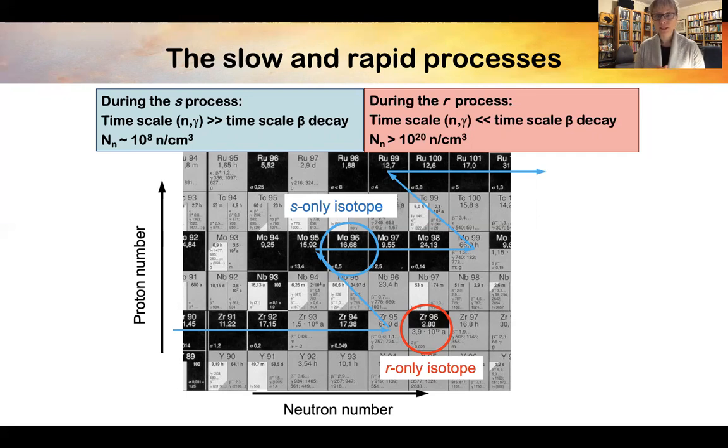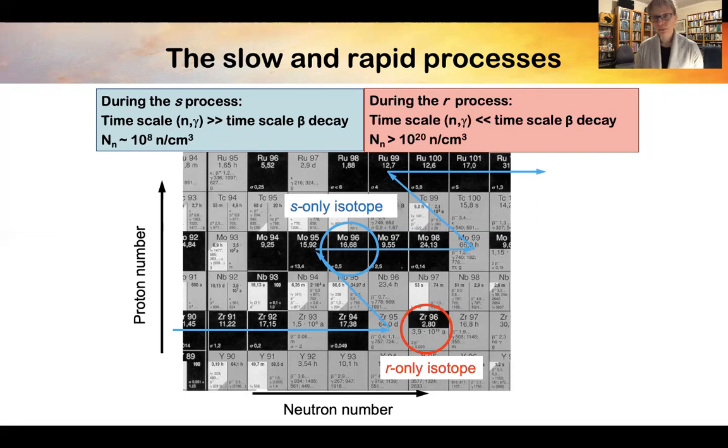What the s process does essentially, because the timescale for neutron capture is in general much longer than the timescale for beta decay, is meander up the valley of beta stability. So it'll stay very close to this valley of beta stability. Let's have a look at an example.